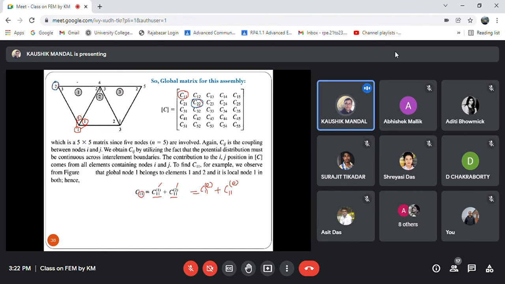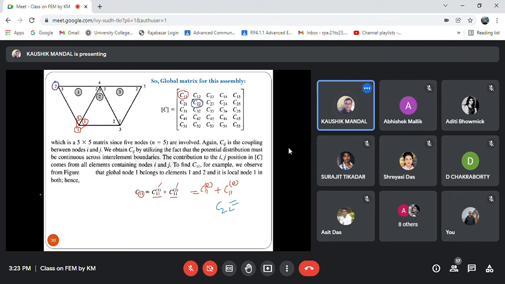Now you have to determine which elements are directly connected or associated with this global node 2. Can anyone tell me what this particular element C22 will be in terms of the element coefficient matrix? Anyone from your side?